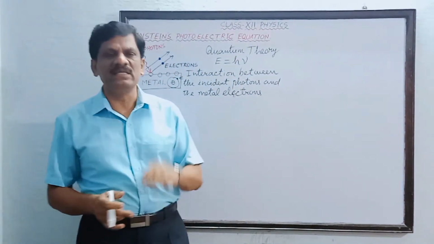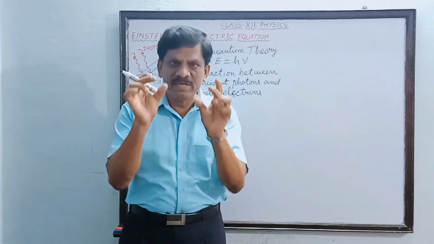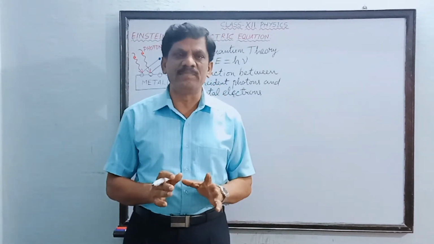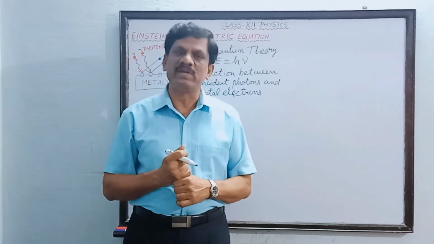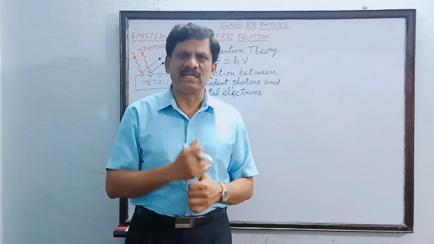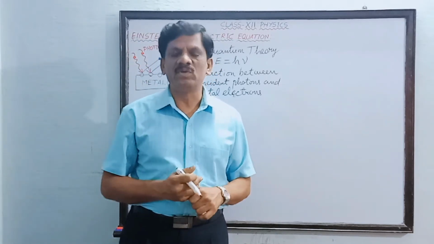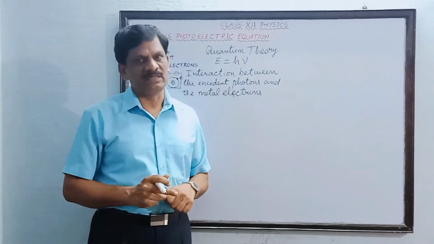So it is not easy to remove the electron without supplying energy. Some minimum energy is required, depending upon the orbit, at what distance the electron is from the nucleus. Then only can the electron be liberated from the metal atom.